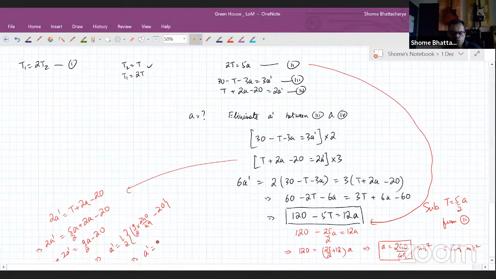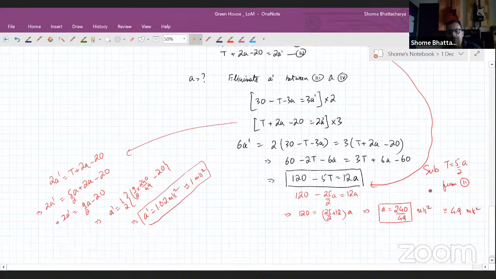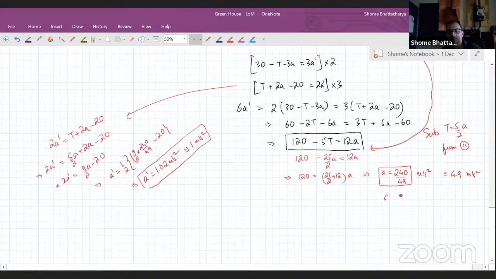So this will come nearly equal to 1, about 1.02 something meters per second square. So this is what our A prime will come out to be, and this is what our A was. Now from that we will find the acceleration of each of the blocks.